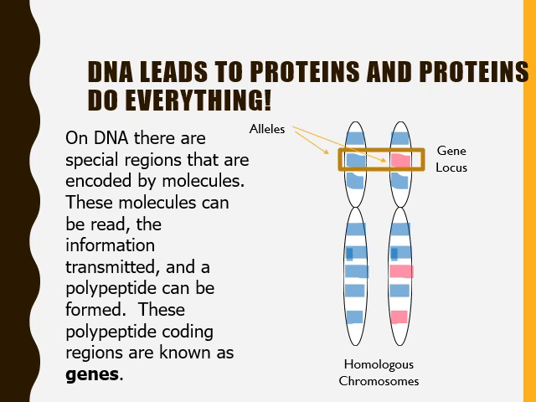All right, so here we've got DNA. DNA is going to be composed of a whole bunch of monomers. What's the monomer of DNA? The nucleotide. And there are 4 of them: guanine, adenine, thymine, cytosine.